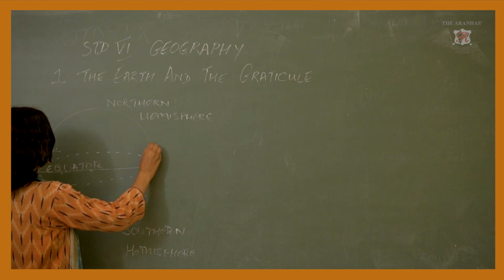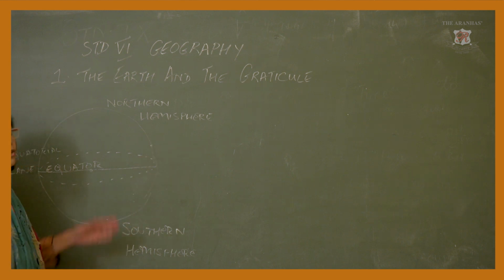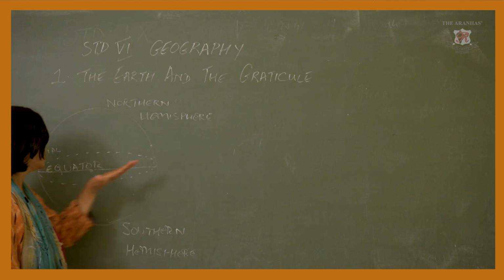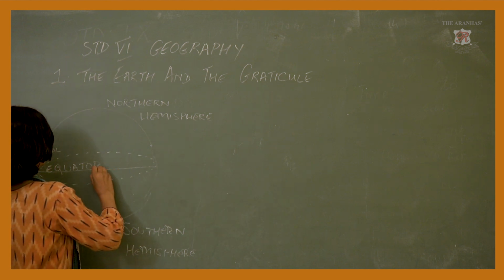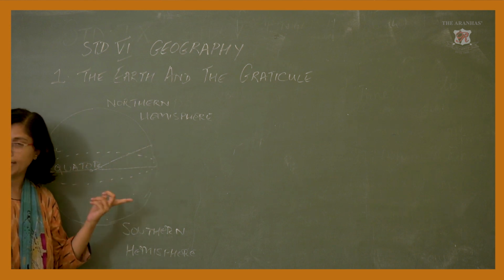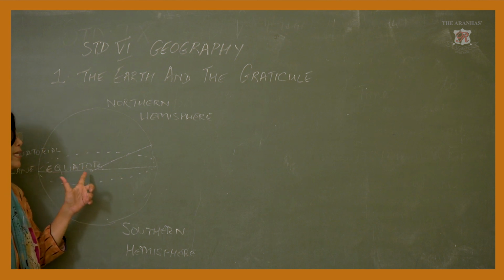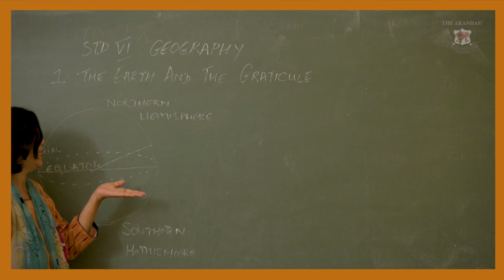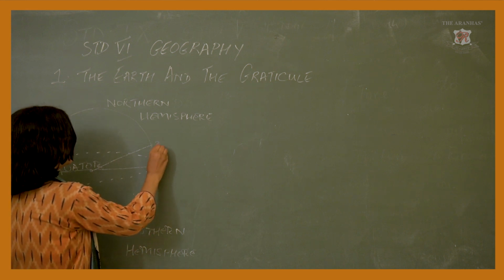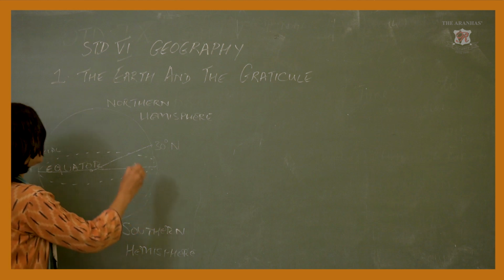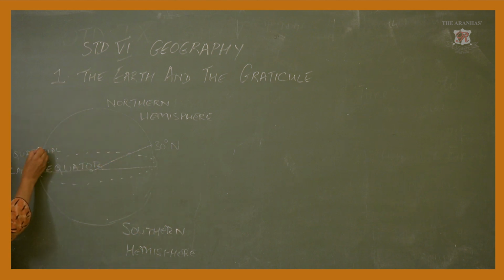Let me take this point, and what I do is I draw a line from that point on the earth to the center of the equatorial plane. As you can see, this is again an imaginary line and it forms an angle with the plane. Let us say this is 30 degrees. It is called 30 degrees north because it is on the northern hemisphere. Even on this side it will be 30 degrees.